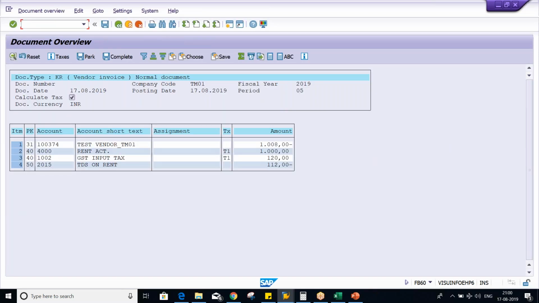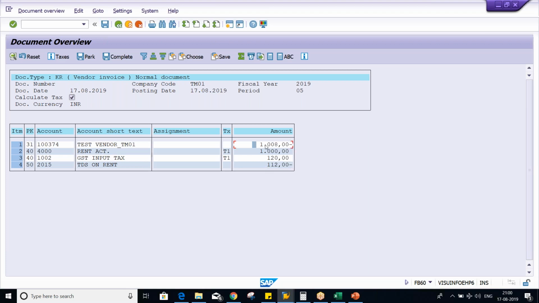Look at here. Now here, your TDS rent amount is debited with 1000, GST input also 120, and on this 1000 and 120, what is the TDS which has been deducted, guys? 10% of 1120 rupees. So it is 112. Now whatever remaining amount is there, with that amount only the vendor is going to be credited.